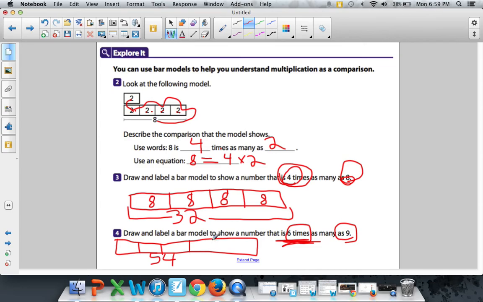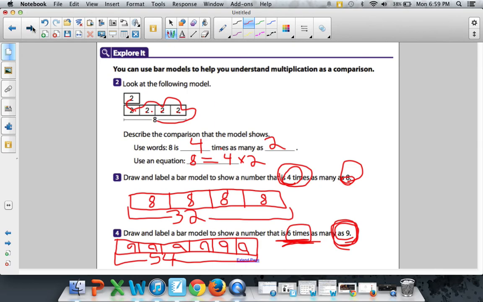They should be the same, but my drawing skills aren't perfect. But there's 6 cubes that are kind of close. And what goes inside the cubes? The last number that we haven't talked about yet. And this is showing in picture form that 6 times 9 is 54, because there's 6 9s, and if you added them all up, that would equal 54. I know this can be hard if you've never seen it before, but use your book. They show you examples first.